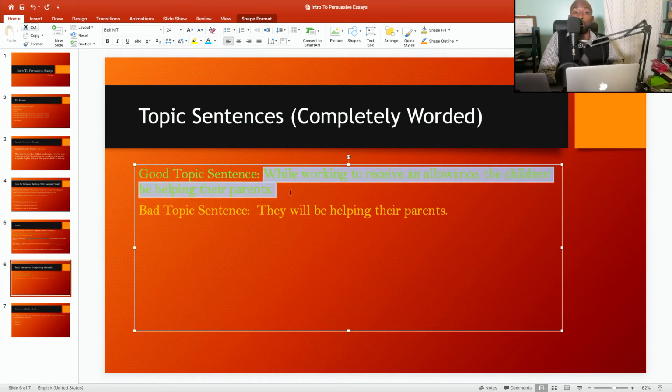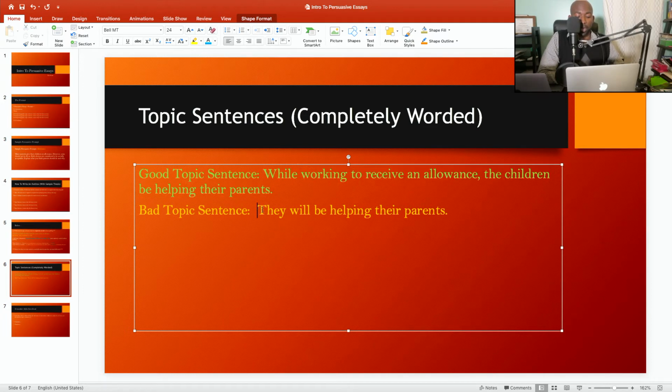Okay, that's a good topic sentence. That's a good reason why. But if I just say they will be helping their parents, well, all the words necessary to say that idea are not there. So we got to make sure that we have all the words necessary to say the full idea. Notice allowance is not included in this bad version of the topic sentence.